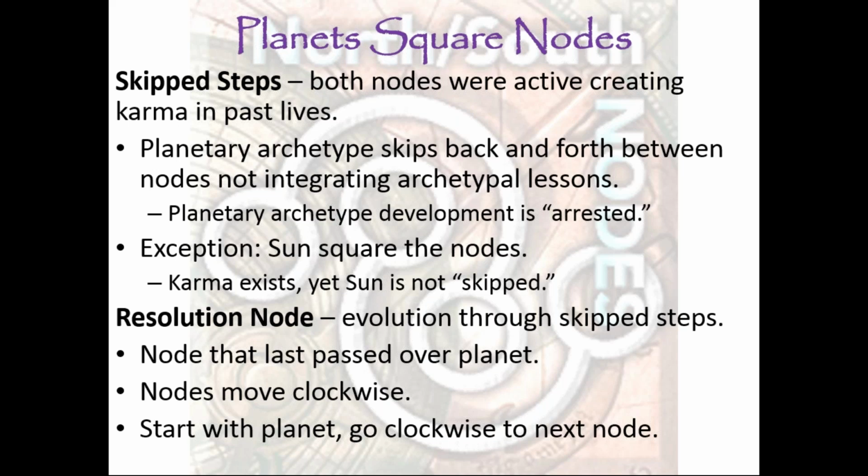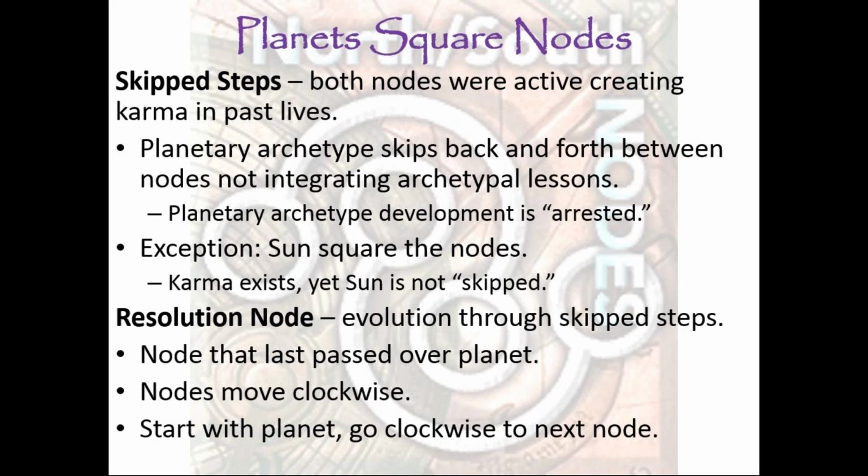In other words, as we're going to look at today, moon square the nodes, what we've talked about here, emotional self-reliance, the emotional maturation process, dealing with all of the hormonal issues, dealing with the early environment with the parents, something's going to be arrested about those archetypes.